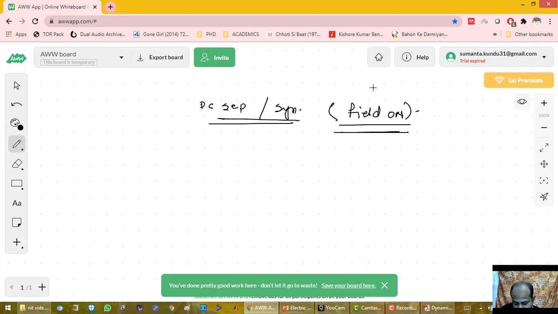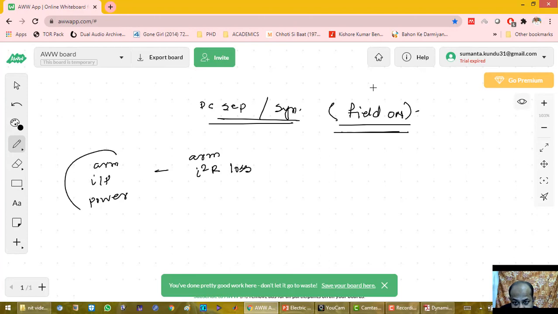Then we know the armature input power, and as the field is on, we know the armature I square R loss, the copper loss.